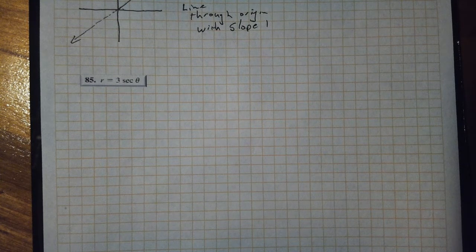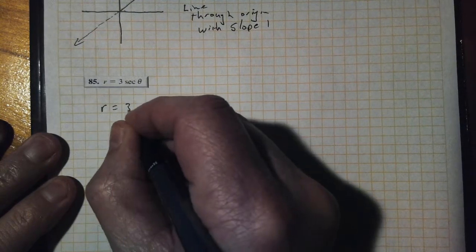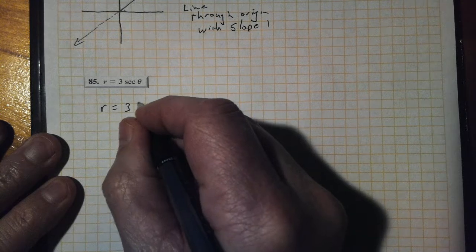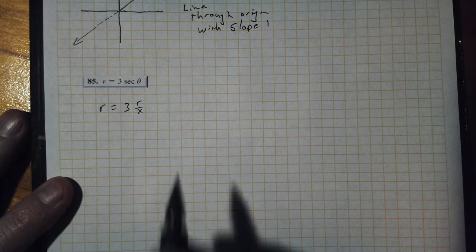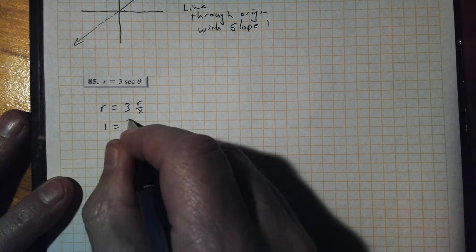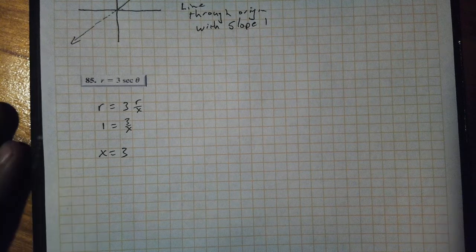Welcome back. I'm going to multiply through. r equals 3 r on x. The r's cancel. I get 1 equals 3 on x. I get x equals 3.